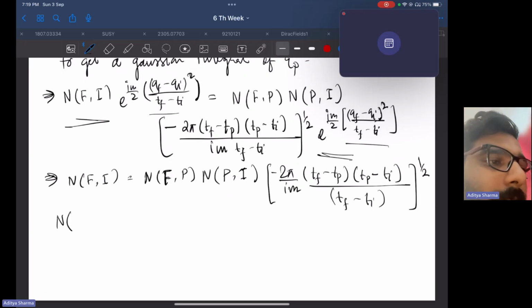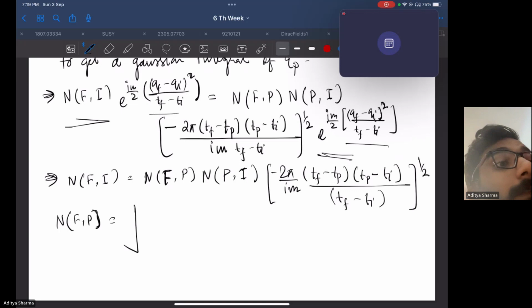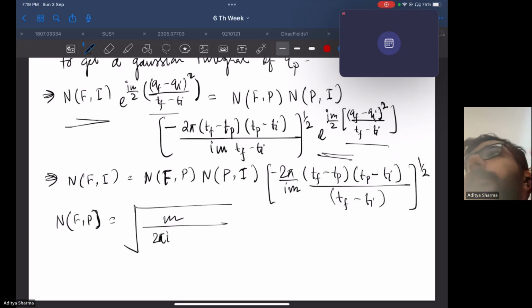So the trial is N_FP or anything, N_AB is equal to the square root of m by 2 pi i times (Tf minus Tp).